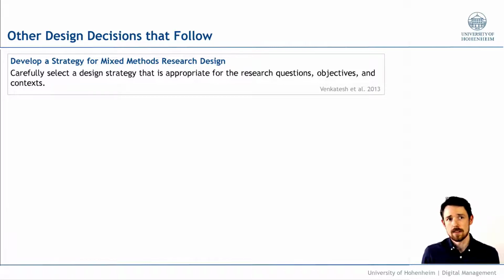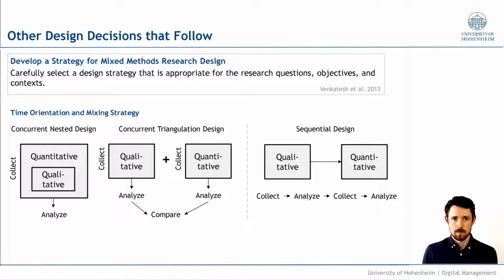Firstly, we need to develop a strategy for our design, and that means we carefully select the design that is appropriate for the research questions and the objective and the context. Now that we've done that, let's take a look at different possible designs.